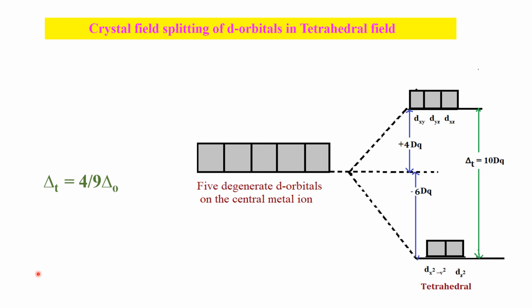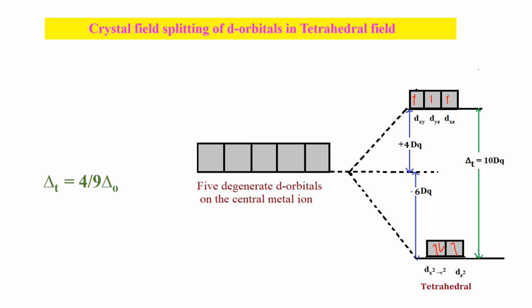That means in the case of d6 configuration, before pairing the electrons go to the higher energy level, that is the T2 level, and after that pairing takes place.